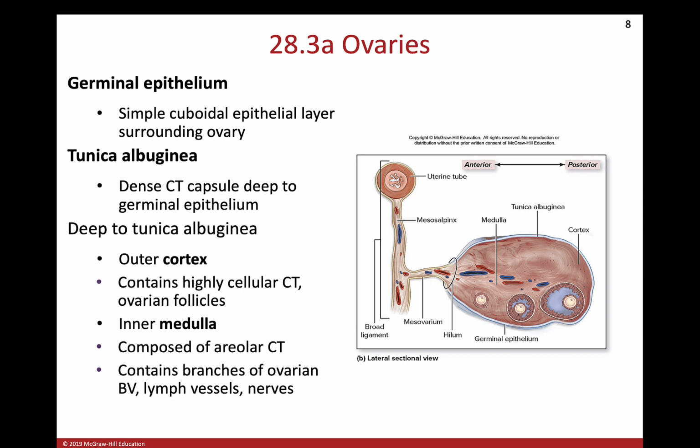This contains highly cellular connective tissue and the ovarian follicles. The inner area, the medulla, is composed of areolar connective tissue. It also will have branches of ovarian blood vessels, lymph vessels, and nerves. And we can see that here. So here we basically see the follicles, and then within the medullary region, we see vessels and such.